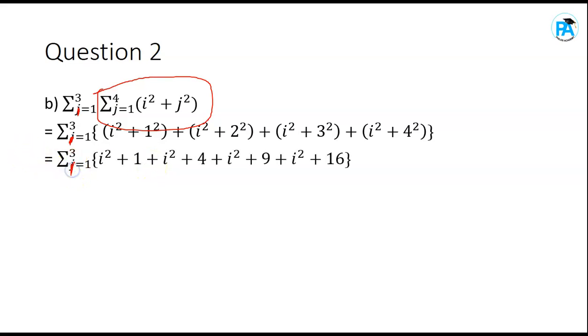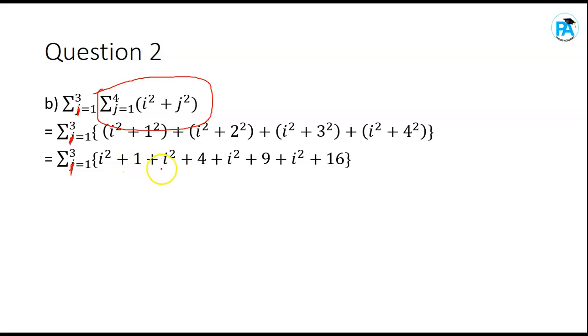The mistake was throughout. So we are going to have i squared plus 1 squared, which is 1, plus i squared plus 2 squared, which is 4, plus i squared plus 3 squared, which is 9, plus i squared plus 4 squared, which is 16, isn't it?